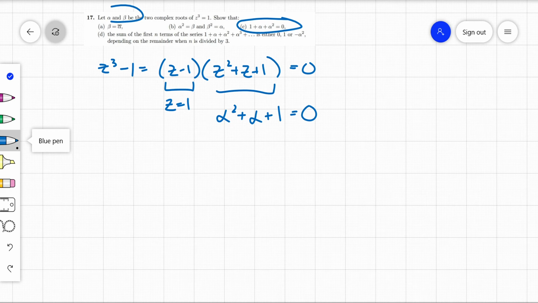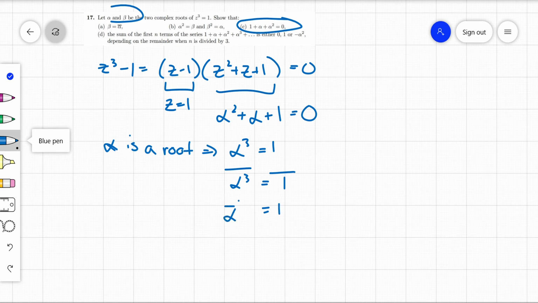Okay, so let's look at part A. We are told that alpha is one of the conjugate roots. So let's say alpha is a root. Clearly if we sub it in, it has to work. So alpha cubed equals 1, or alpha cubed minus 1 equals 0. Now if we take conjugates of both sides, the conjugate of 1 is just 1, of course, and we can also write it this way: the conjugate of alpha, all cubed, equals 1.